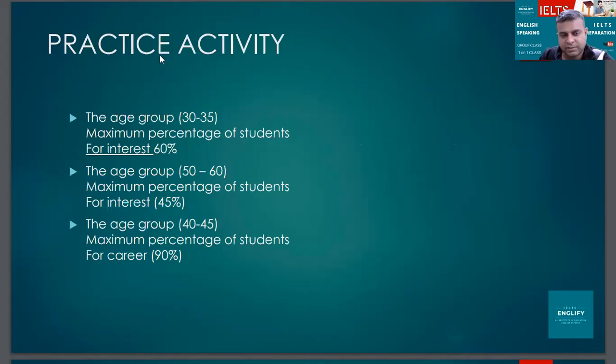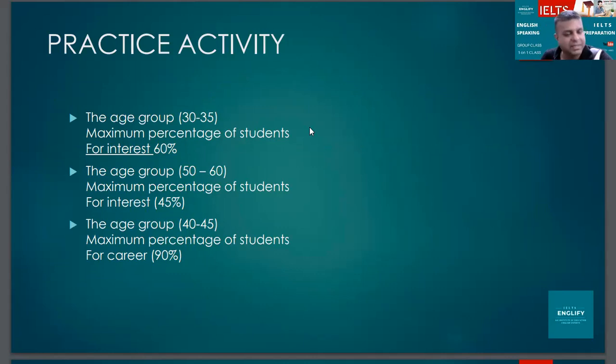Now this is the practice activity, guys. Do send me your sentences in the comment section. Don't forget to write the sentences. Try to form them, and I'll definitely reply to them. If there is any correction, I'll certainly do that. So the sentences are for you. The age group 30 to 35, maximum percentage of students for interest.